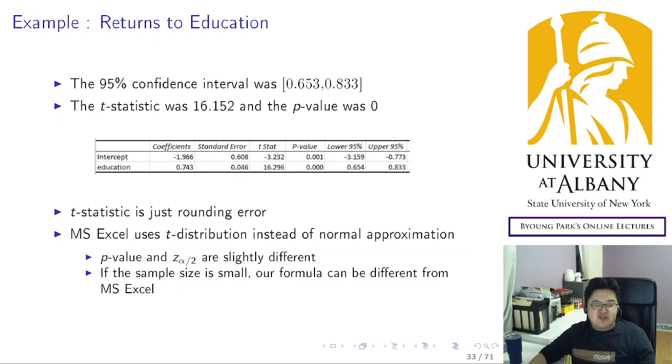But in the end, as you can see, the difference is just kind of rounding error, right? Because the sample size is more than 2000, the approximation error should be ignorable. I believe there is little difference.